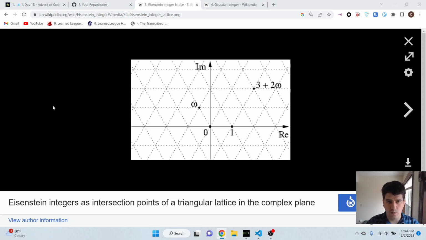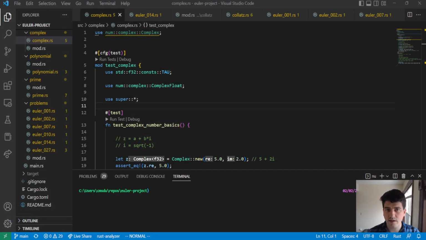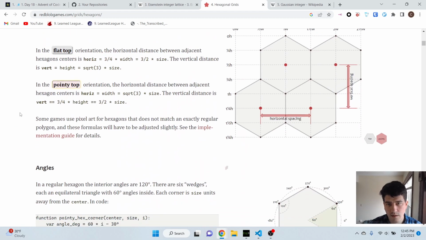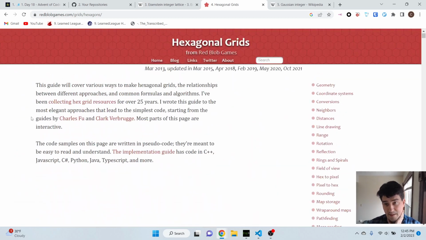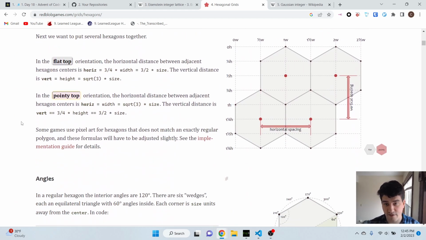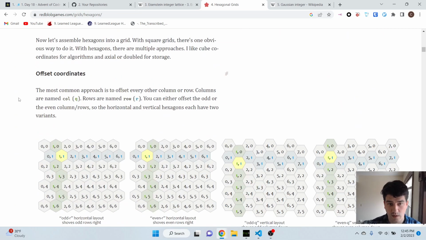Like, there's a very cool, let me see if I can find it quickly. Yeah, so this guy put together this whole thing. It's basically a book with how to work with hex grids, and it's really cool.